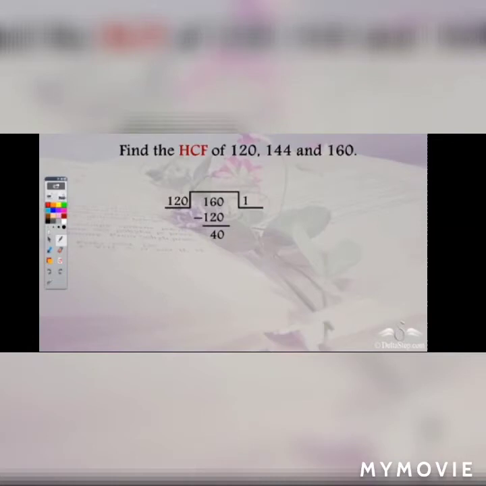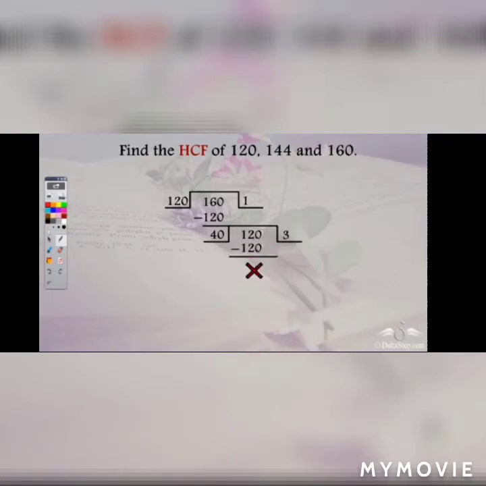So this is what I have. What is the next step? 40, which is the remainder, now becomes the divisor. And it divides 120, which is the divisor of the previous step. So 40 will now divide 120. How many times does 40 go into 120? 3 times. 40 into 3 is 120.